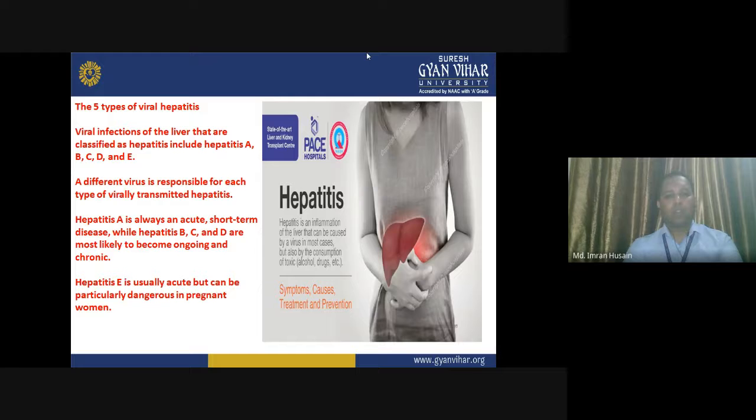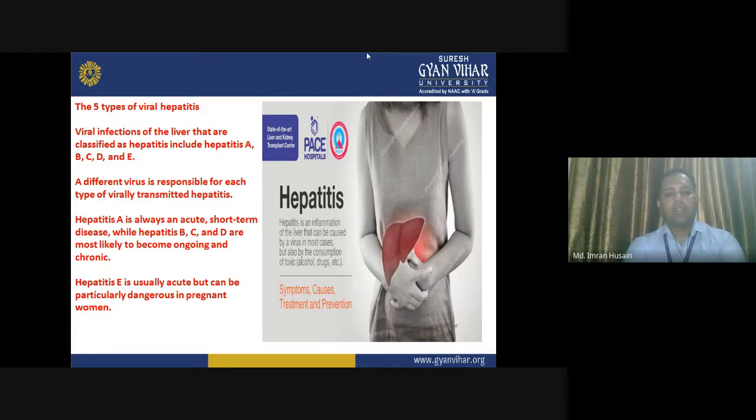Hepatitis A is always an acute, short-term disease, while hepatitis B, C, and D are most likely to become ongoing and chronic. Right? Every type of disease is different.